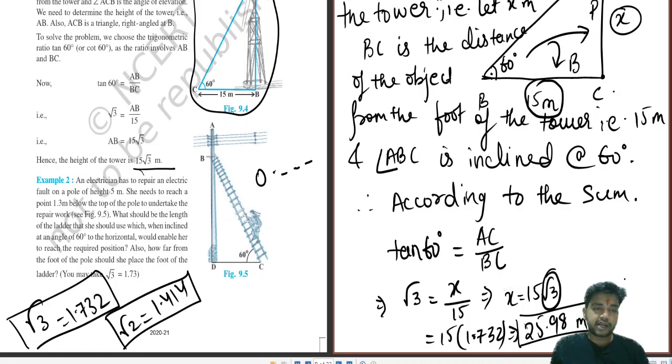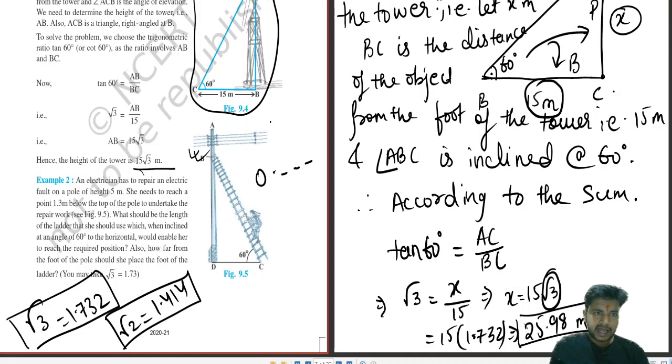Now the second question. An electrician has to repair an electric fault on a pole of height 5 meter. She needs to reach a point 1.3 meter below the top of the pole to undertake the repair work. We can look towards the diagram given over here.